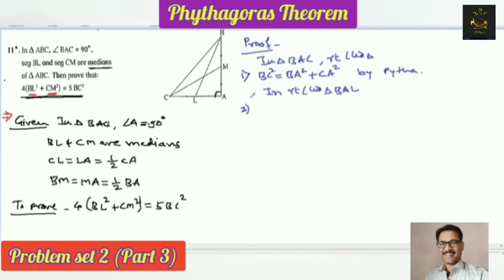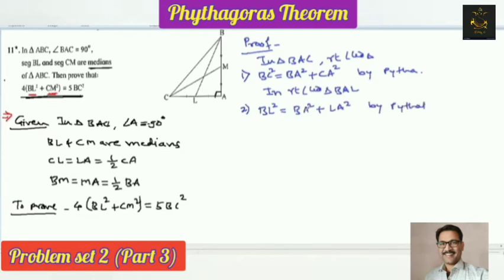Which is the hypotenuse here now? This BL is hypotenuse. So square of this BL is equal to BA square plus LA square. Again this is by Pythagoras.